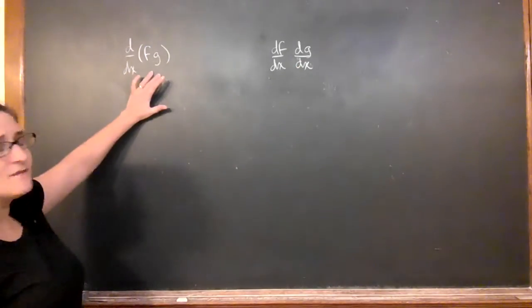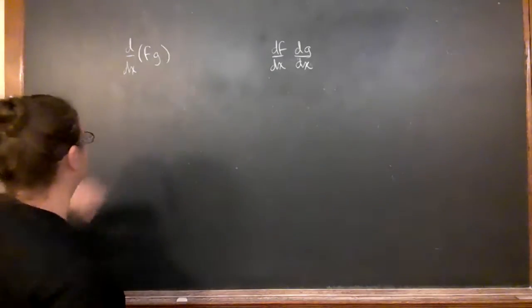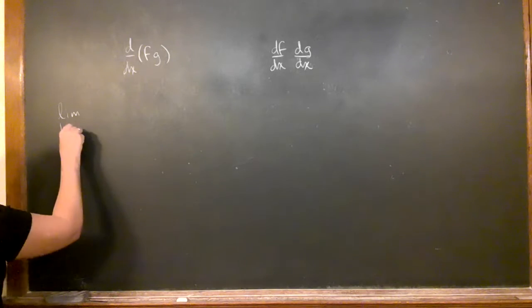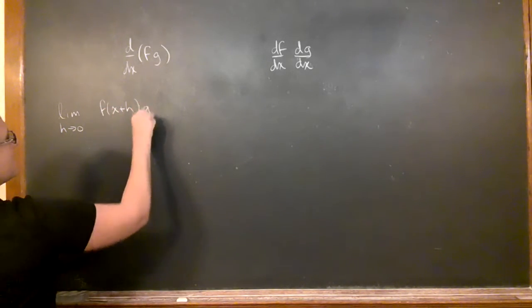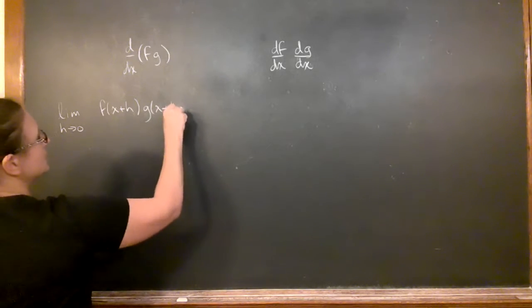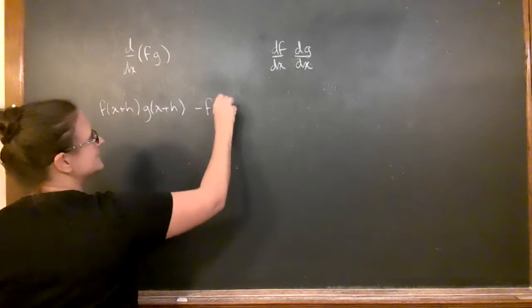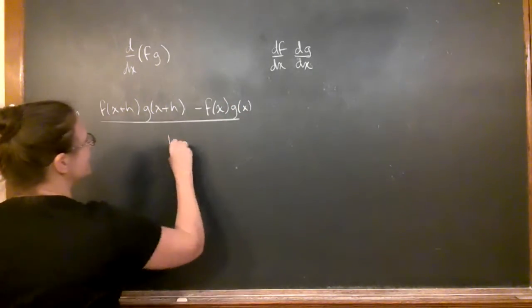So if I have fg, I mean f of x times g of x, and I write down what this actually is in terms of the definition, it's f of x plus h, g of x plus h minus f of x, g of x, over h.